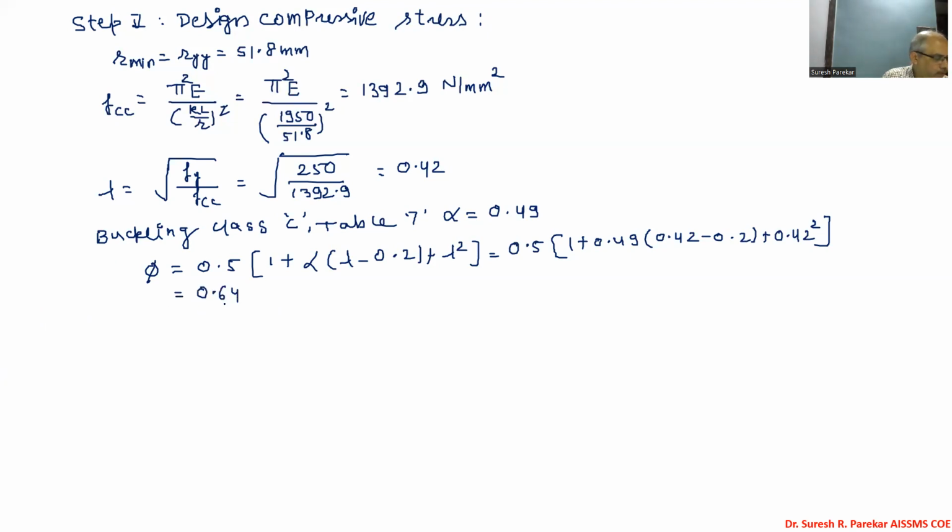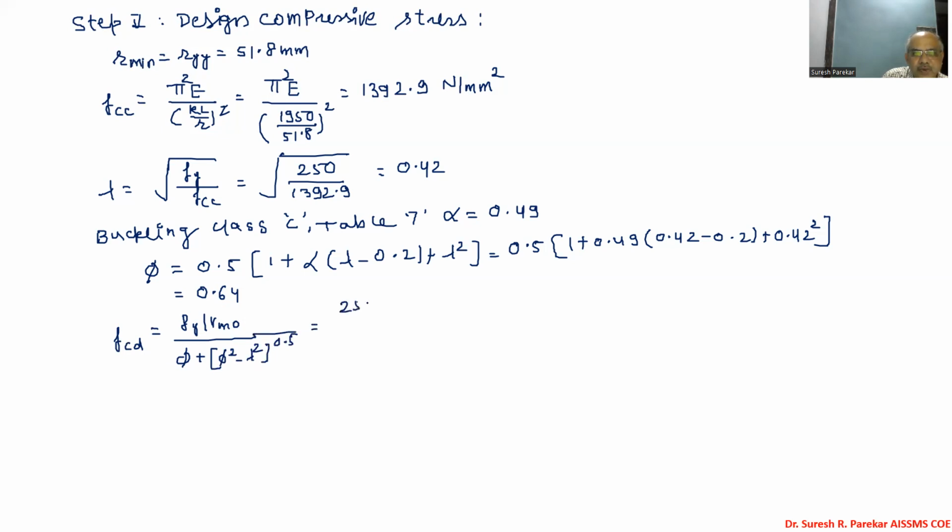Now knowing the value of phi, we can find the value of Fcd, and that is equal to Fy upon gamma M0 divided by phi plus (phi square minus lambda square) to the power 0.5.